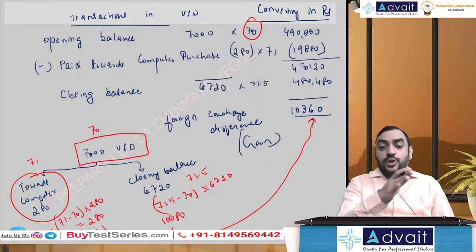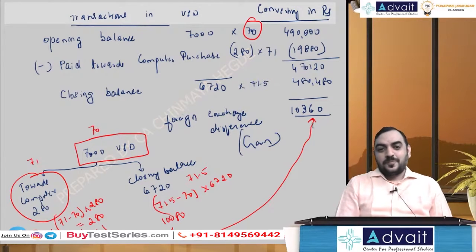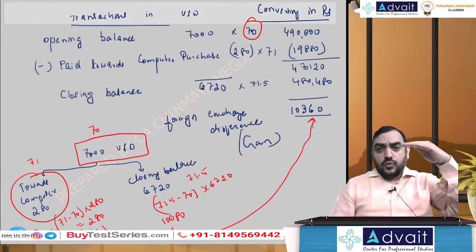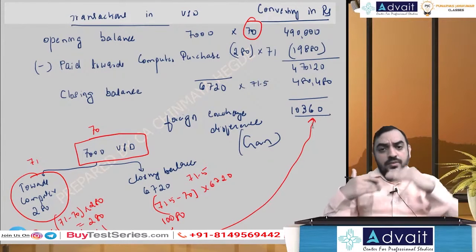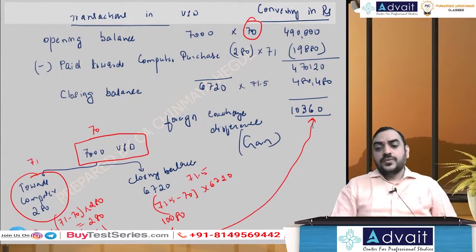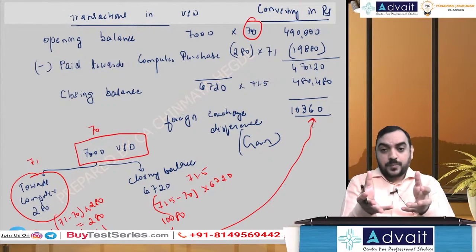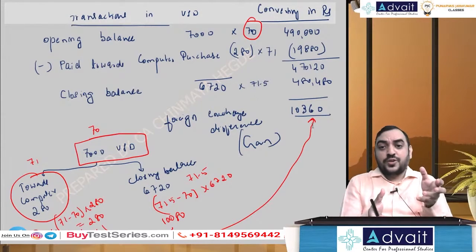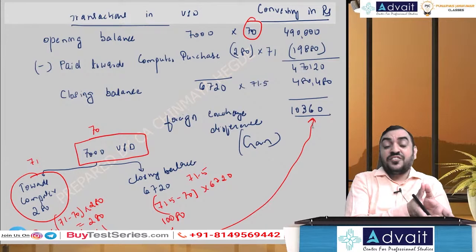I hope you understood both the ways. One, by whatever the transaction wise and closing balance, balancing figure. The other is the actual breakup. Towards purchase of computers, what is the exchange difference arising out of that?